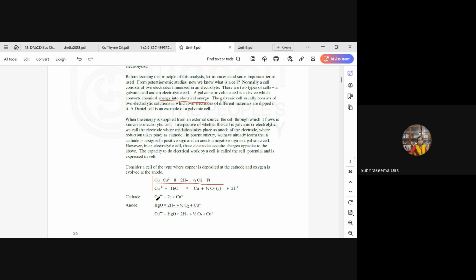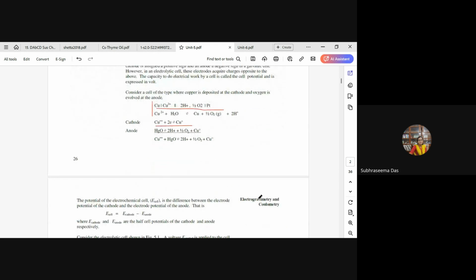So the cathode reaction is Cu2+ + 2e- forming Cu, the reduction of Cu2+ to the Cu0 state. In the anode reaction, H2O forms 2H+ + 1/2 O2 + 2e-. When we combine the cathode reaction and the anode reaction, we get the overall reaction.